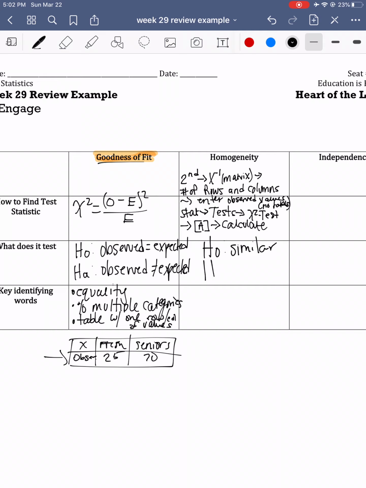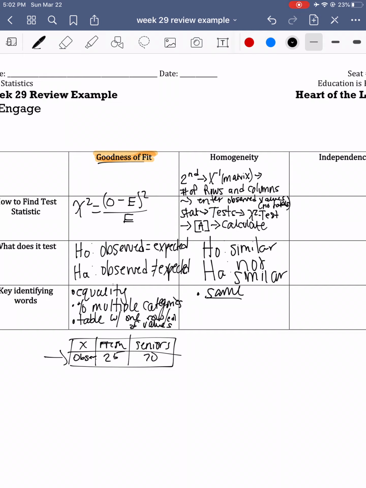The alternate is that your categories are not similar. Some key identifying words in the problem is honestly the word same.